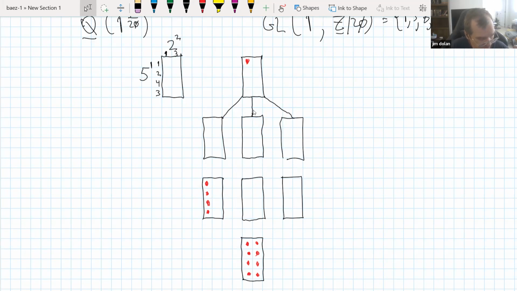So it turns out that the thing at the bottom is in fact contained in all the quadratic extensions.